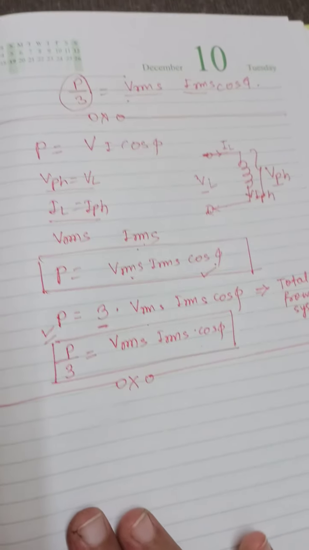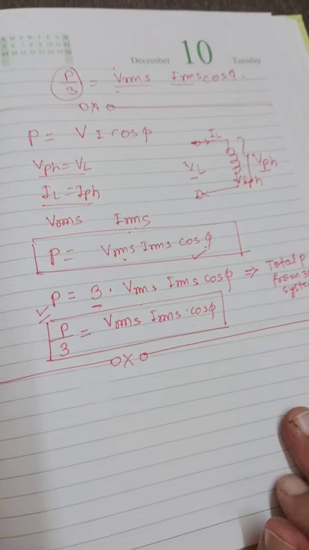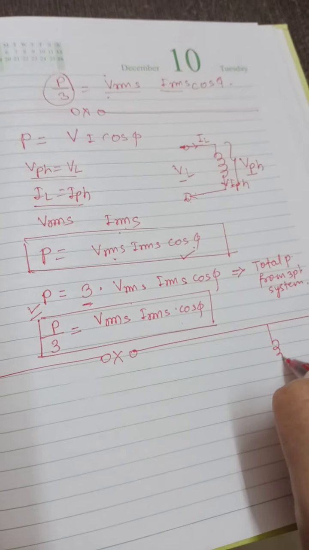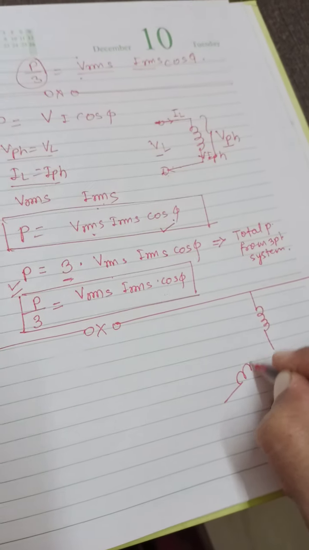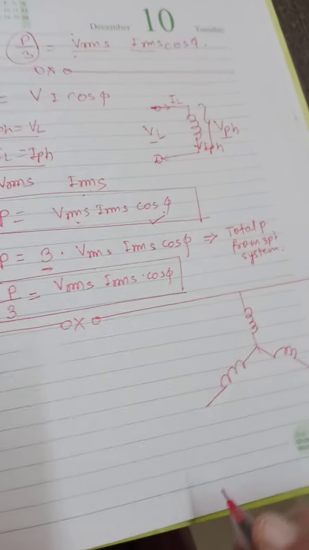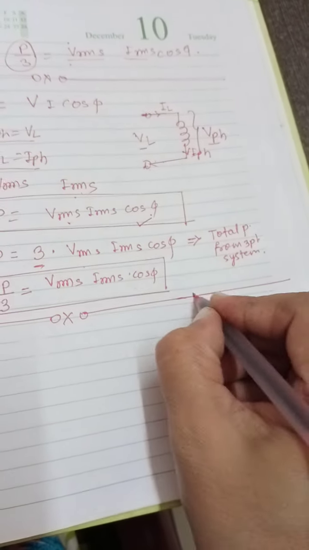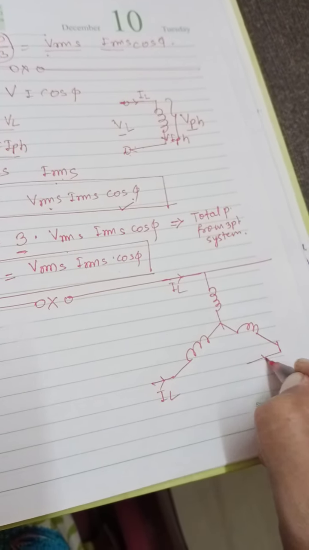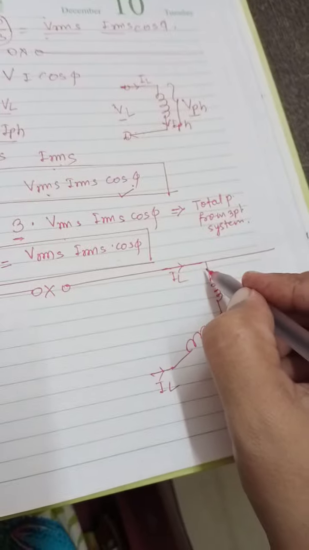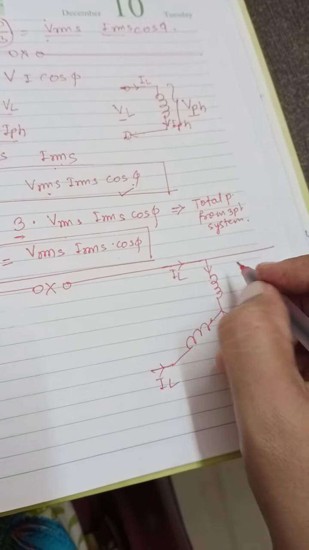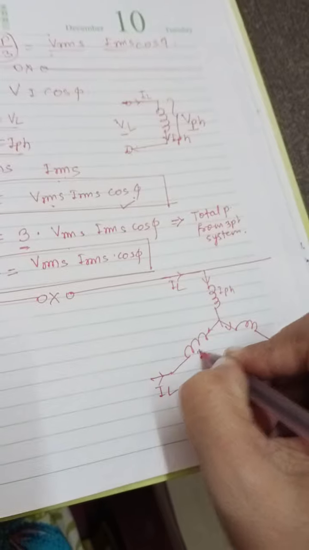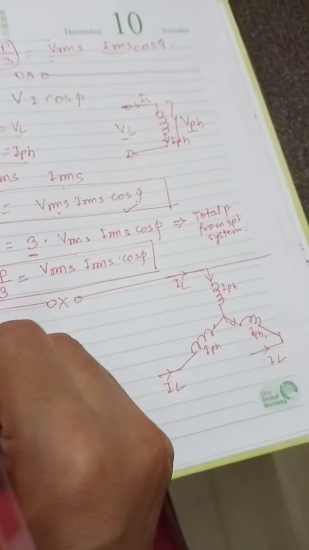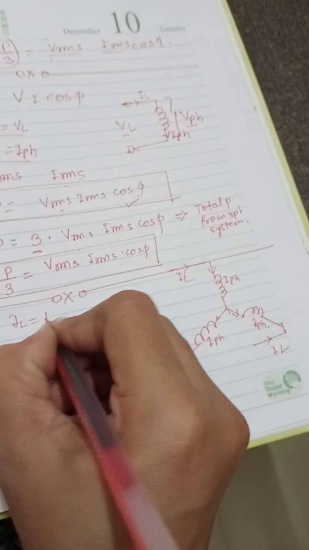Now, when can we use the root 3 equation? When you represent the equation for the line or the phase quantity, at that time you have to think over it. Suppose I use the same system as earlier, the star connected system. I have to show the line current IL, and here is also IL. The same current is passing through the phase also as it is the star system, so IPH and IPH is here. So for a star connected system, IL is equal to IPH.